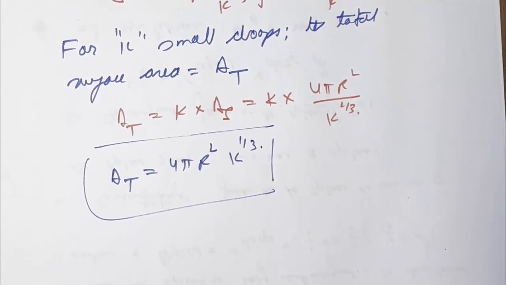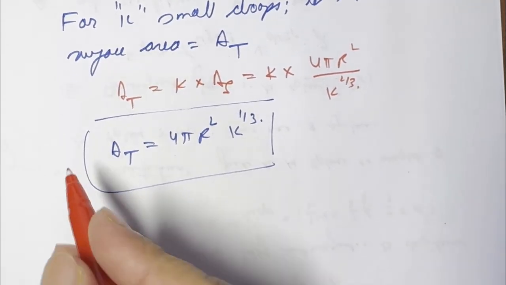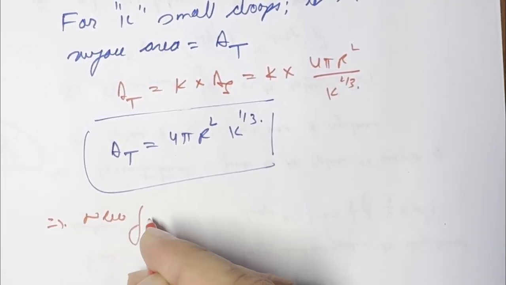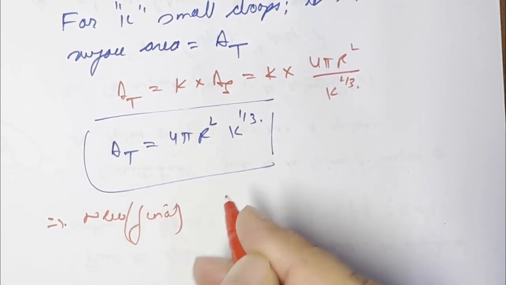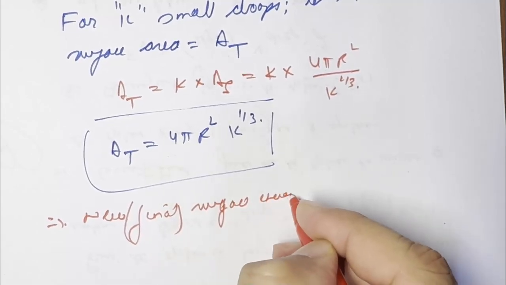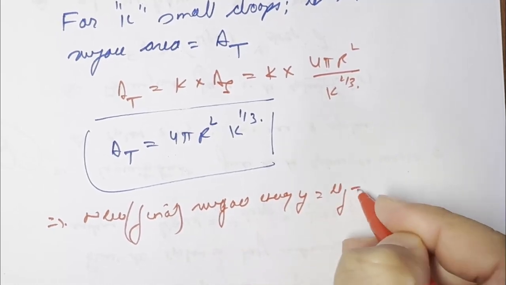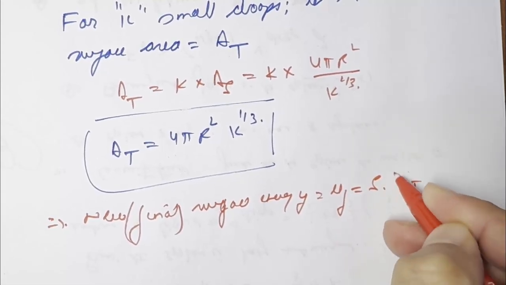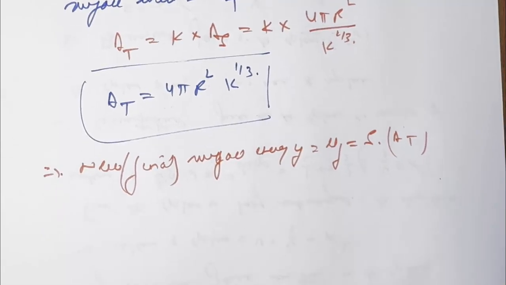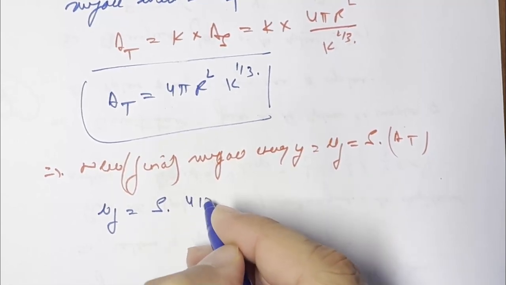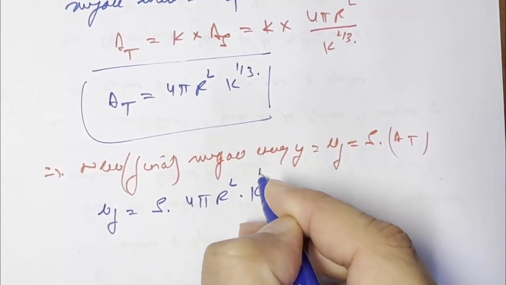Therefore the final surface energy of all the k drops, let us call this U F, will be equal to surface tension multiplied by total surface area. So U F is equal to S multiplied by 4 pi R square k to the power 1 by 3.